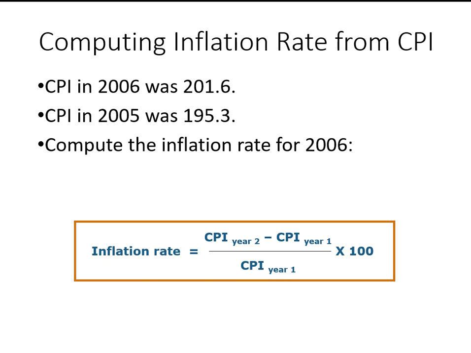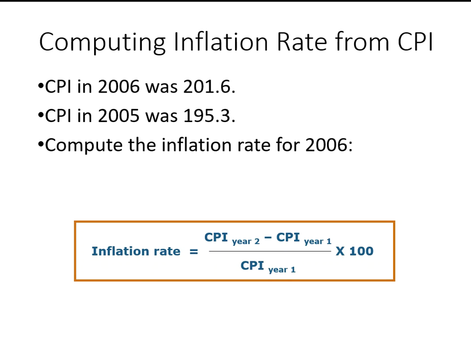Here we try to see how we can get our inflation rate before we can get our current values. In order to get the inflation rate, this is the formula you have to use. The CPI of the second year minus the CPI of your base year, then divide by the CPI of your base year, times 100, and then you will get the number.